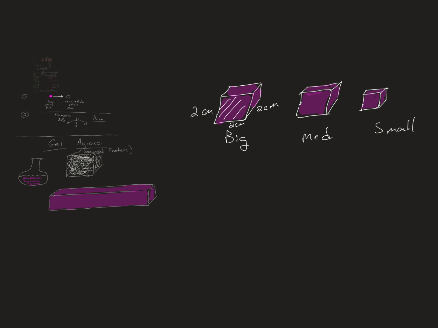What's the area of each side of this cube? How do you calculate area? Length times width. So length is 2 centimeters, width is 2 centimeters. So 2 times 2, that's 4. But that's only one side. How many sides?